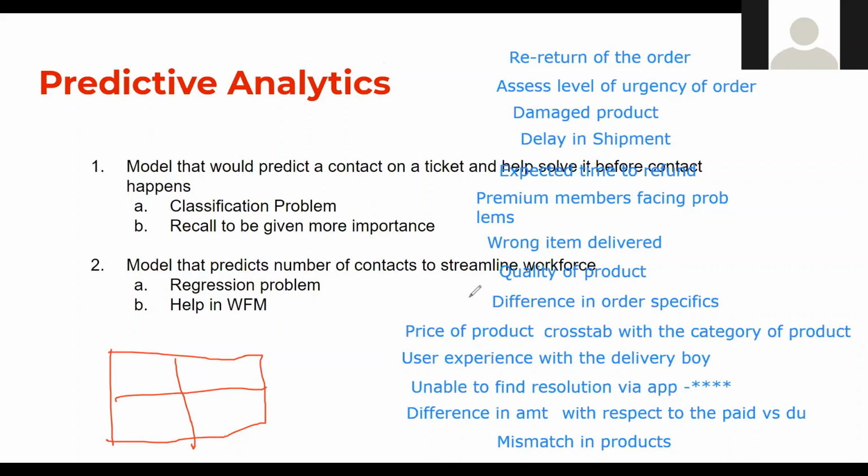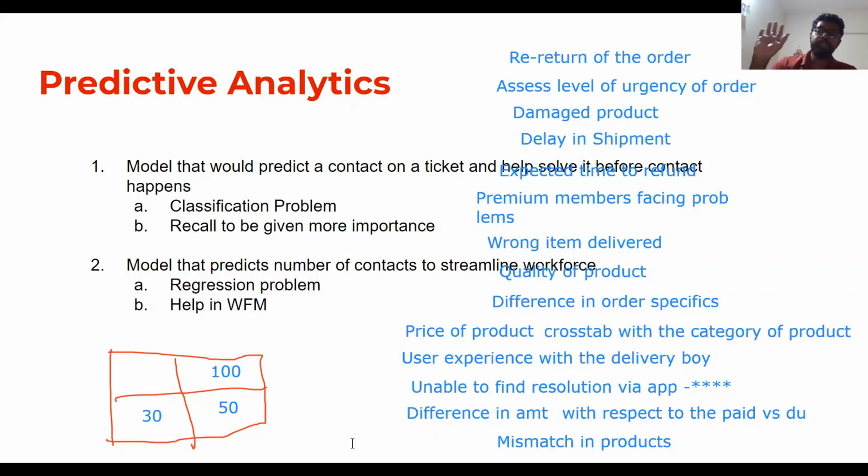It means falsely predicted as positive. We are assuming that the call will come, but actually the call will not come. On the basis of that, we may invest cost into the call center and all. Yeah, that makes sense.